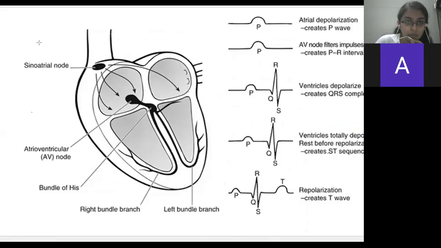Before this, I want you all to understand that we take the standard lead as lead 2, which you already saw. In standard lead 2, we had a negative charge here and a positive charge here on the left lower limb.